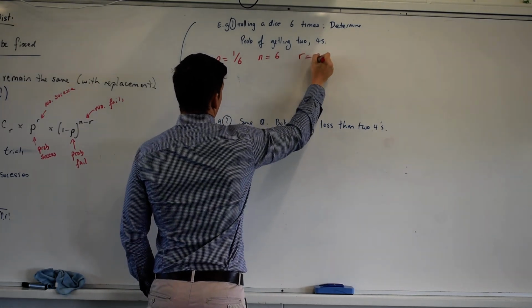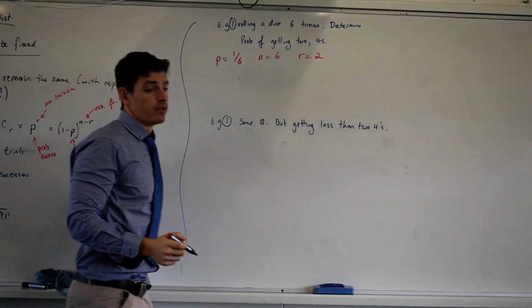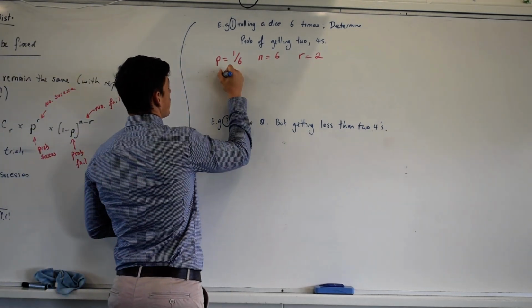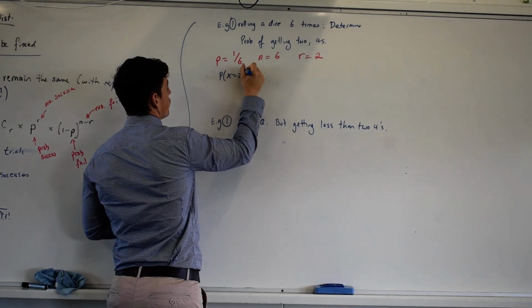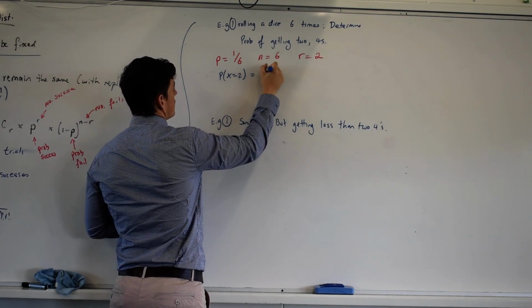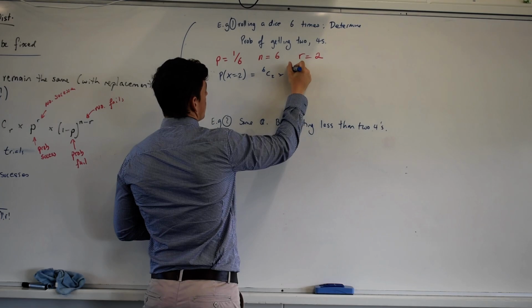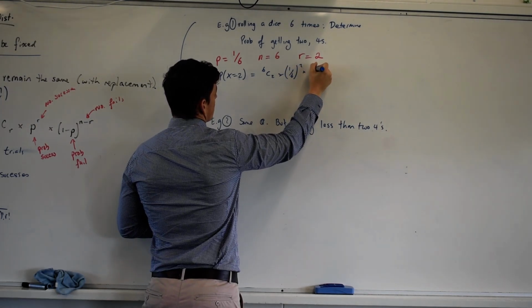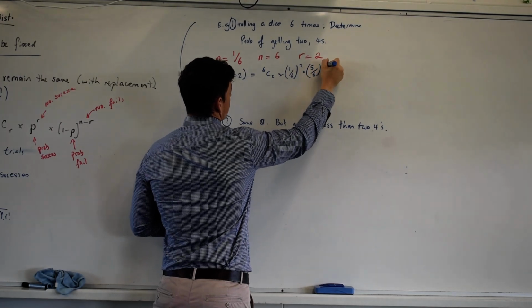And the value that I'm looking for is 2. So I want the probability that x equals 2. If I was drawing this equation out, I would write the probability x equals 2 is equal to 6C2 times 1 on 6 to the power of 2 times 5 on 6 to the power of 4.